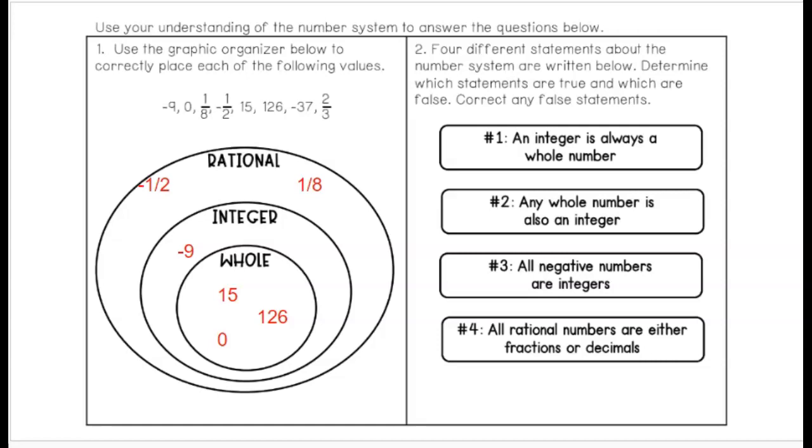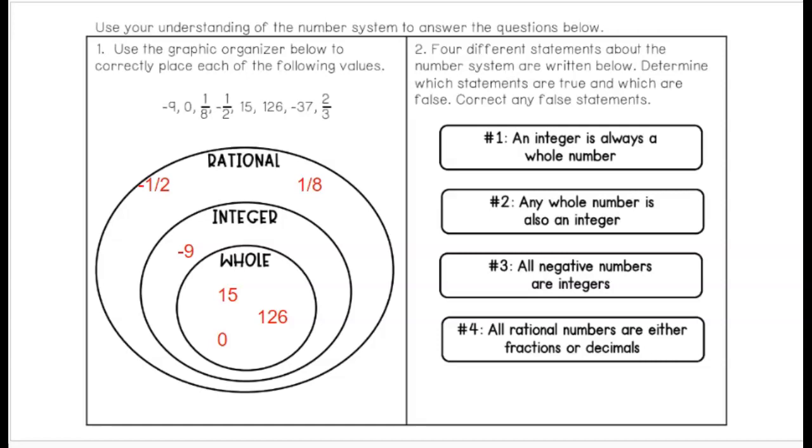-37. -37 is a rational number because we can write it as -37 over 1. However, -37 does not have a part or piece attached to it, so we can drop it into integers.